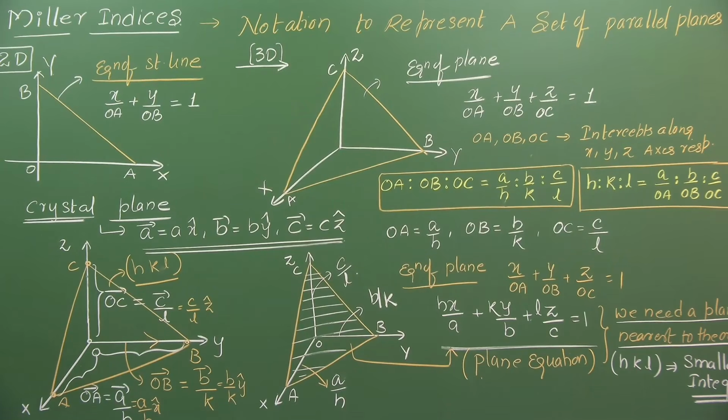But whenever you are doing the problem, please remember any one of that ratio. That is enough. And always make it free from fractions. This is a set of whole numbers.